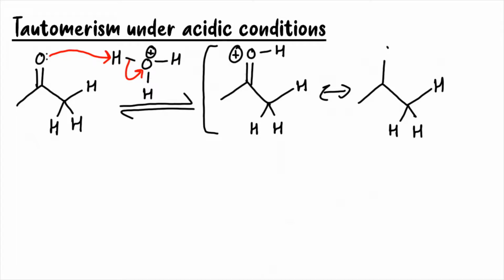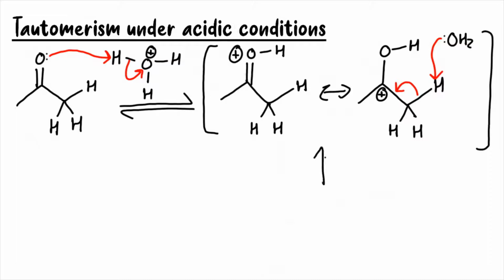And it's this second resonance form which we'll see actually loses the H+ from the alpha position by reaction with the water molecule, in this case acting as a base, which gives us our enol form.